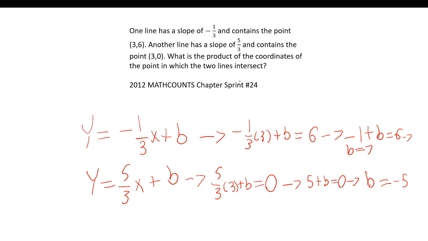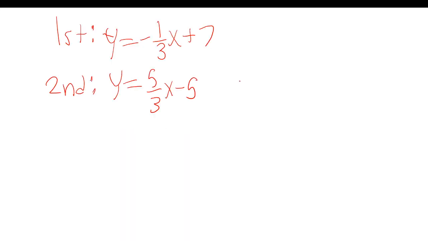So we want to find the point where the two lines intersect, and then multiply the values of that point. All we need to do is set these equations equal to each other. So I have 5/3 x minus 5 equals negative 1/3 x plus 7.